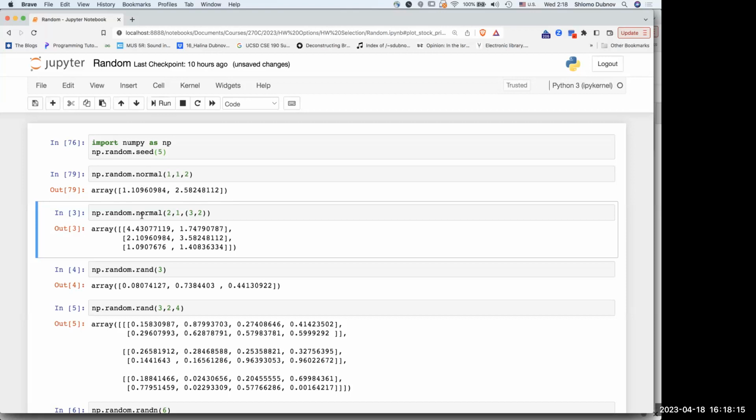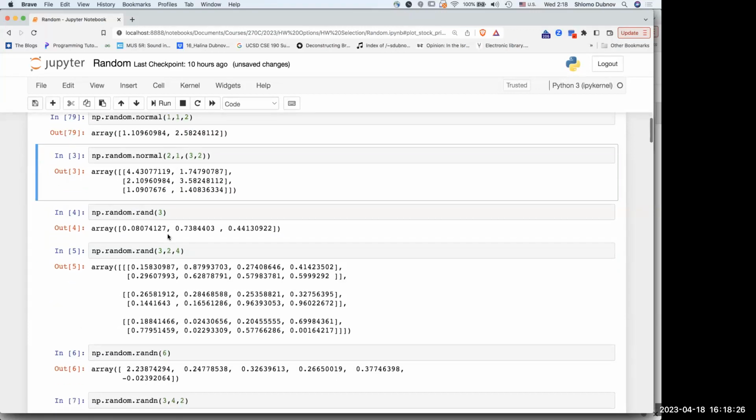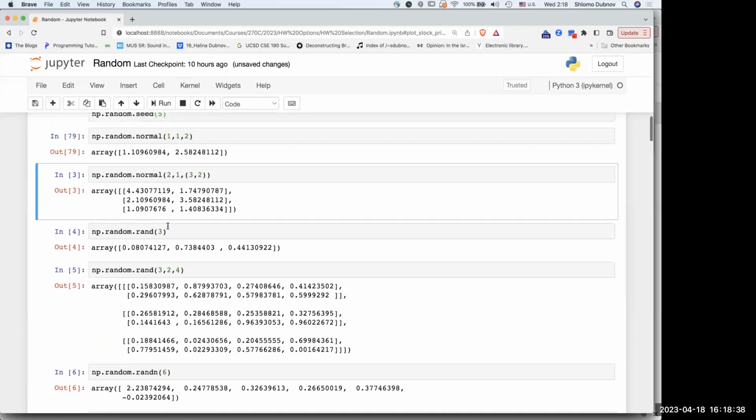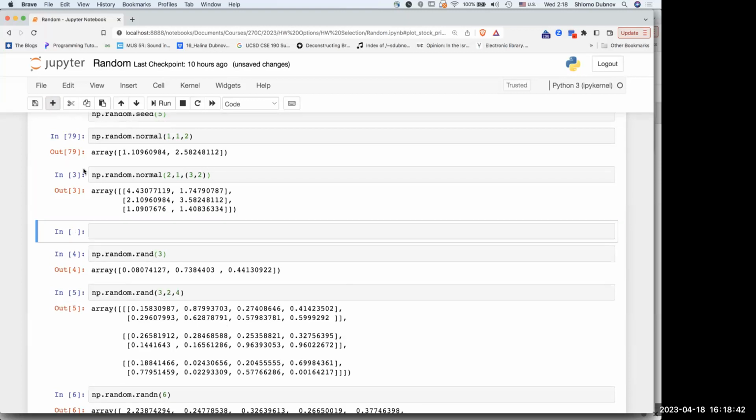You can also have a whole matrix of 3 by 2 generated. So this is again mean 2, variance 1, and the dimensions. Okay, so this is normal. Let me just make sure I'm not confusing anyone.